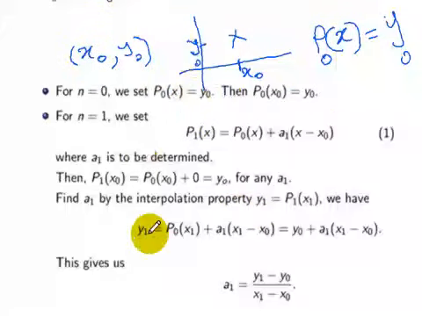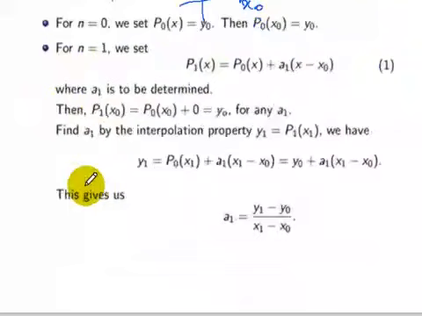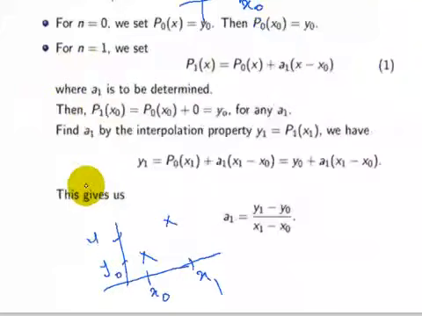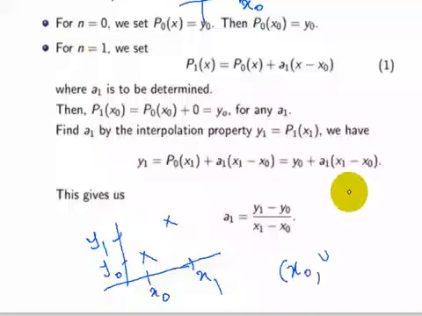Now suppose we have two data points. When n equals 1, that means we have two data points. Say this is x0 and the corresponding y0, and this is your x1 and the corresponding y1. So when n equals 1, we have two data points, x0 comma y0 and x1 comma y1.